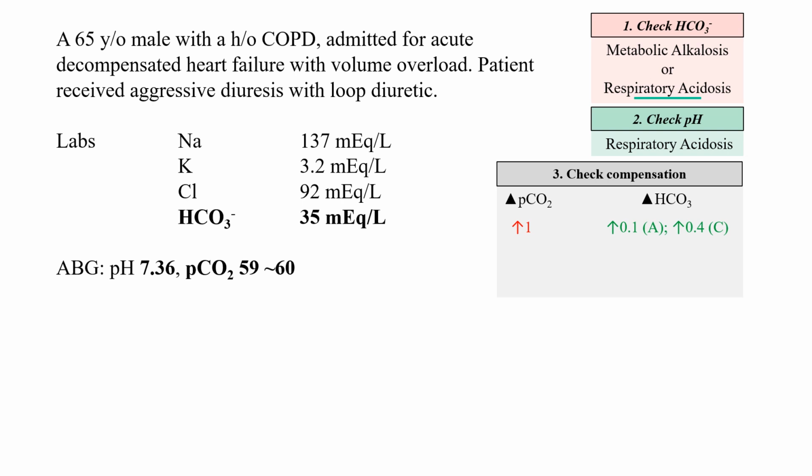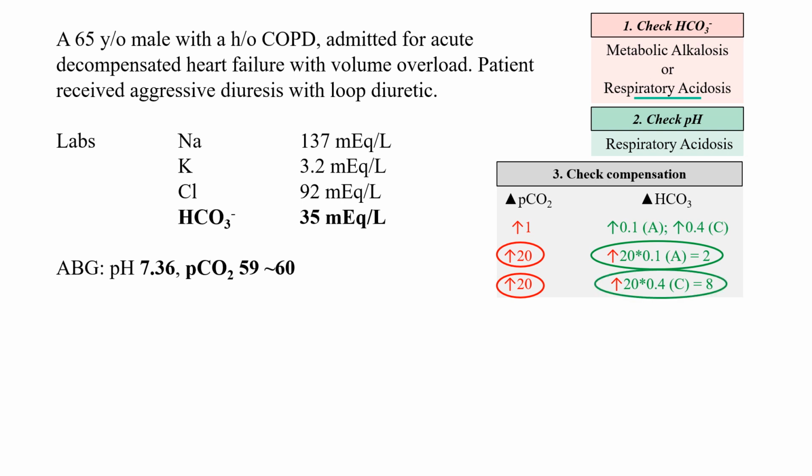Since PCO2 increases from the normal 40 to 59, or we can round it up to 60, we have an increase in PCO2 of 20. Bicarbonate should also increase by 20 times 0.1 or 2 for acute respiratory acidosis. For chronic respiratory acidosis, bicarbonate should increase by 20 times 0.4 or 8.